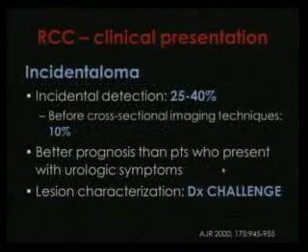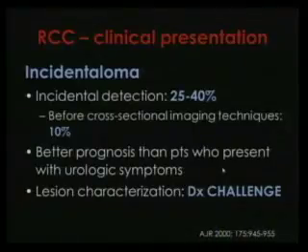And when we talk about clinical presentation, it can be an incidental finding, the ones that we call incidentalomas. Approximately 25 to 40% of the cases are incidental findings. Before the cross-sectional era, this was only 10%.